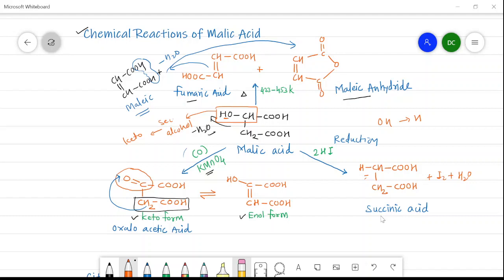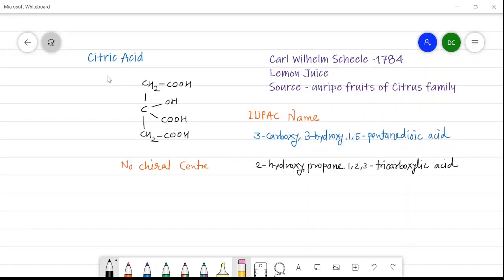Now the second point in this video is citric acid. So we will see here citric acid, its methods of formation and chemical reactions. Citric acid is a famous acid. It is obtained from lemon juice.